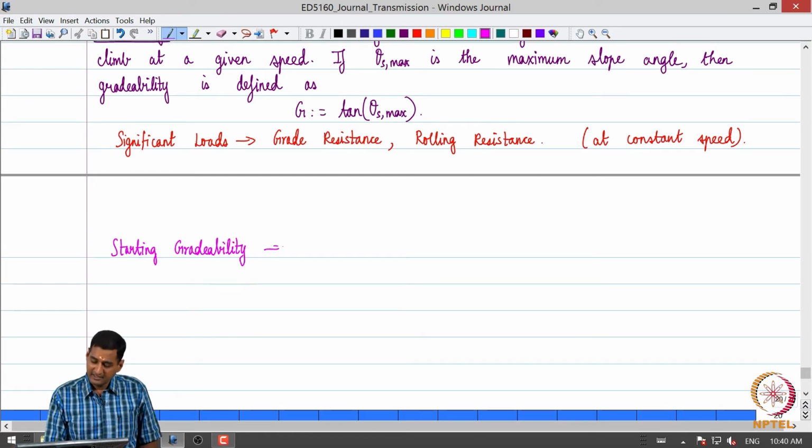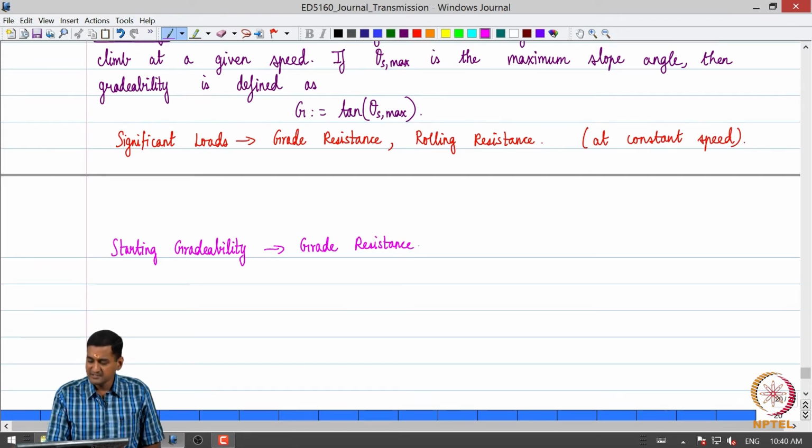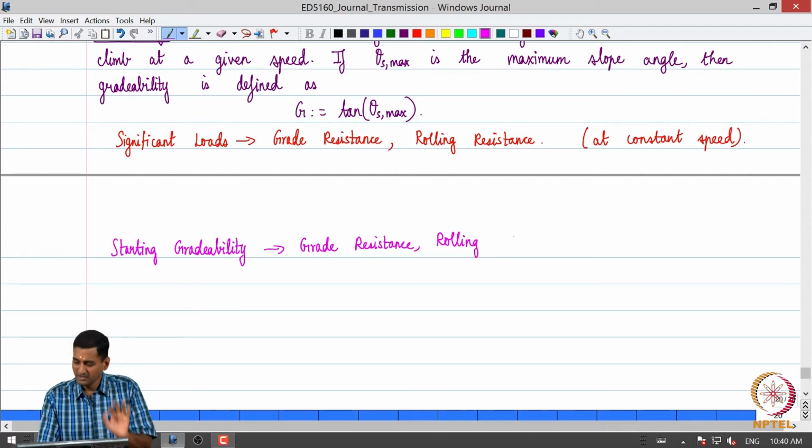Then in addition to the grade resistance and rolling resistance, inertia also will play a role, right? Of course it will play a small role, but nonetheless there will be a role for inertia because we are starting from rest.